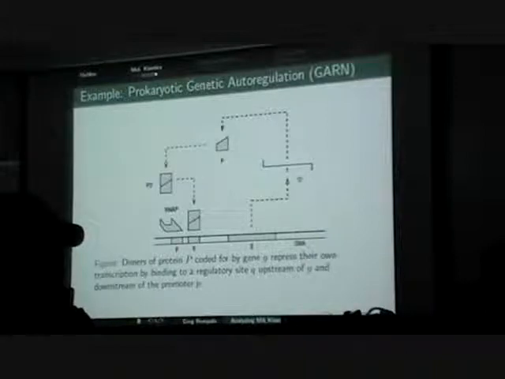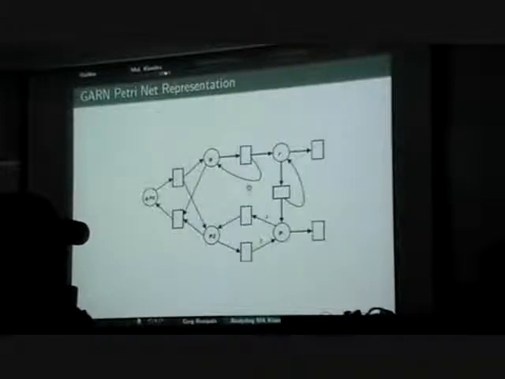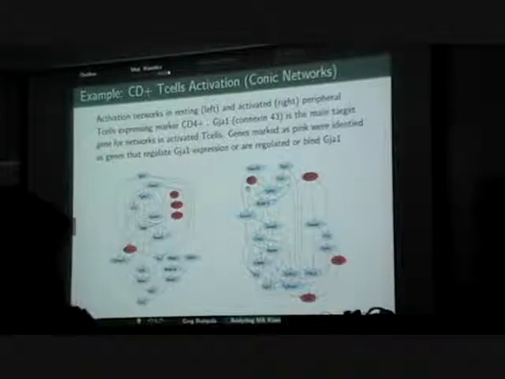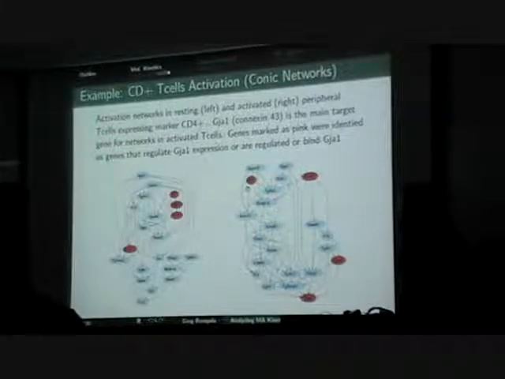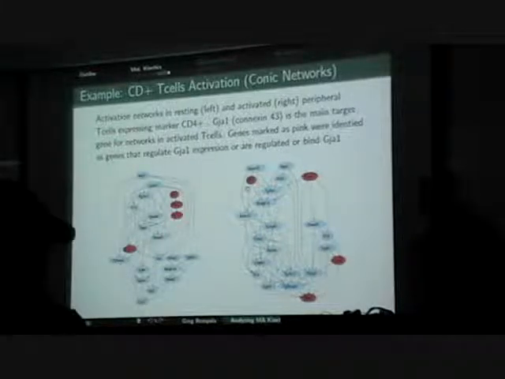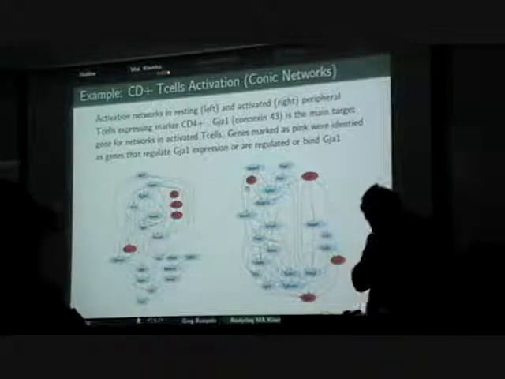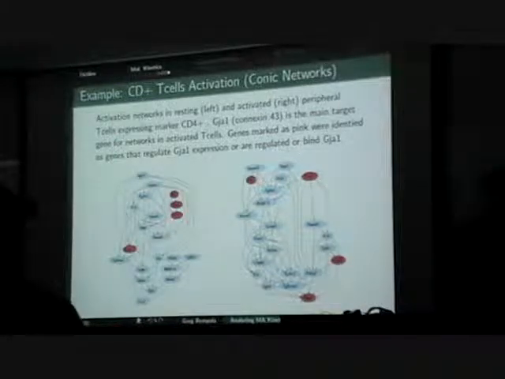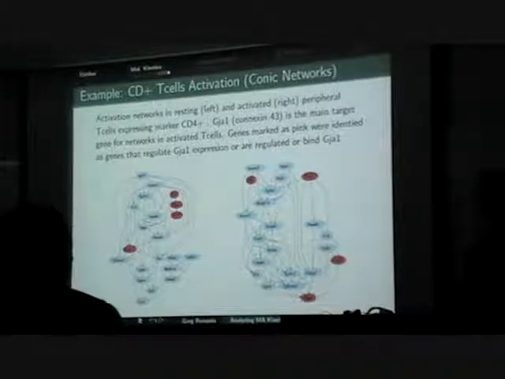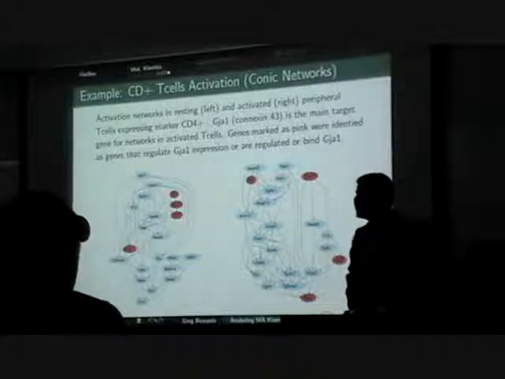Let me skip over this. So this is an example of a system which by no means is a chemical reaction system, but of which to some extent you can think this way if that helps you in achieving what you would like to achieve.